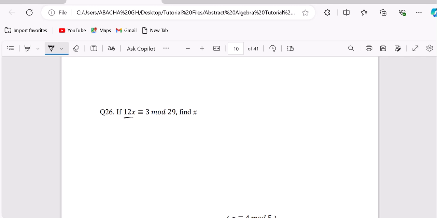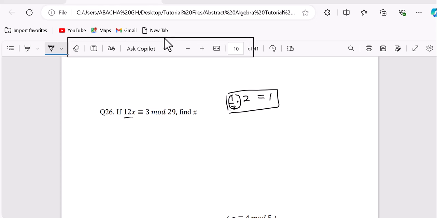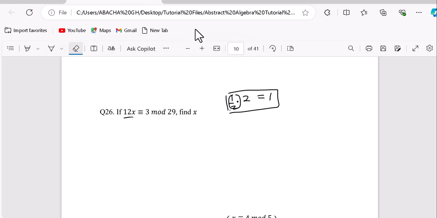When you get your 1, you know that that number is the inverse. Let's say you have 2 and you want a number you can multiply by 2 to get 1, obviously that number should be half. But in congruences we are dealing with integers, so we will not be looking at numbers like half. That is just the idea about what congruences are.